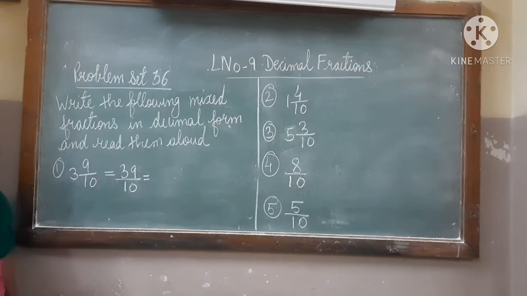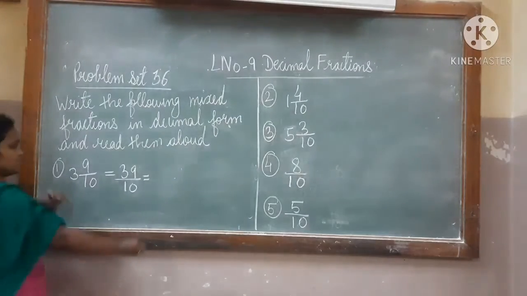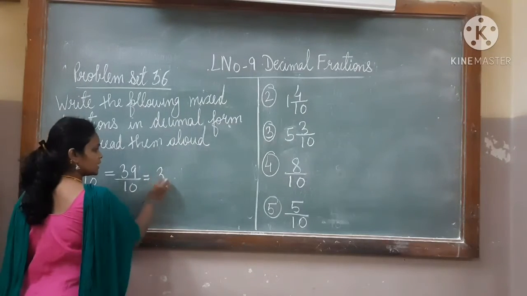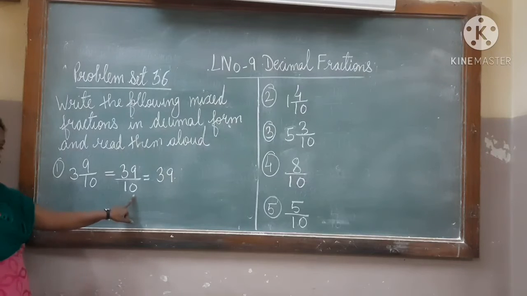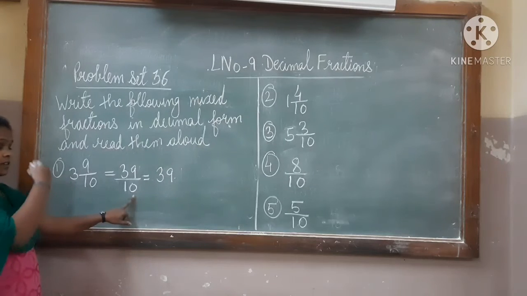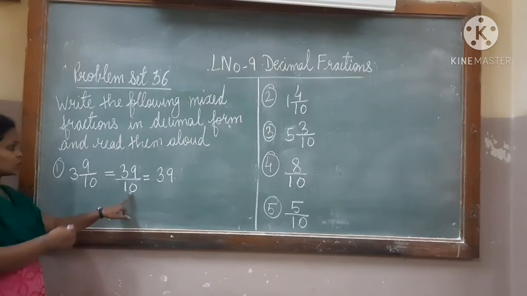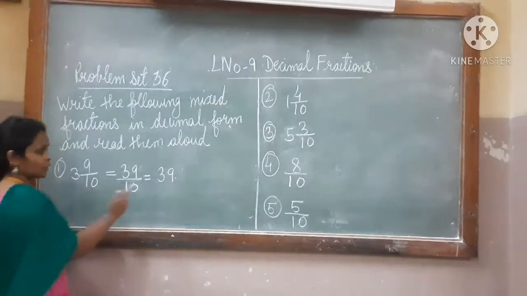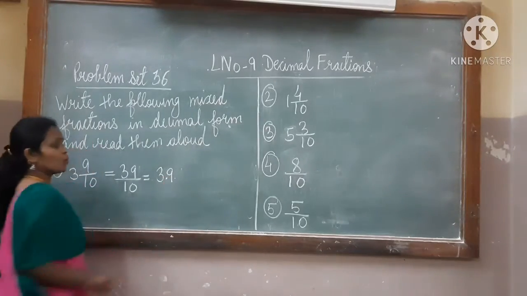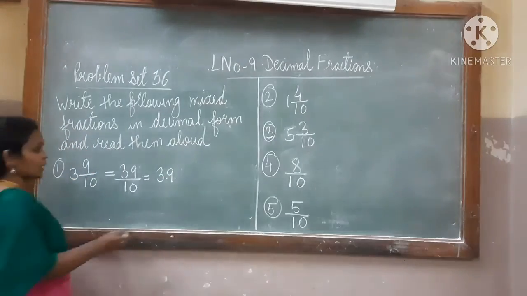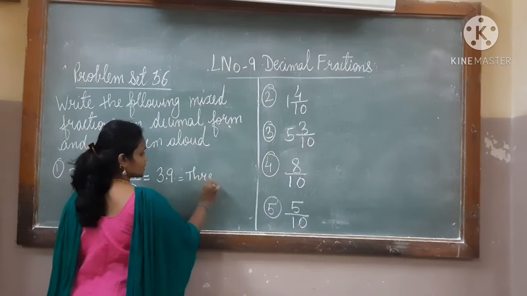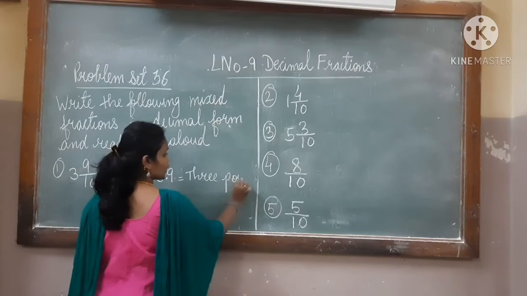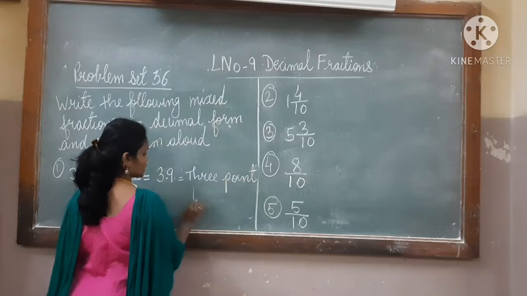And how you are going to put the decimal point? See here, first you will write 39, and I have already explained you, see the number of zeros down and write from the unit place. There is only 1 zero, so decimal point will come after one number. So what it is 3.9. So here you will write 3.9.